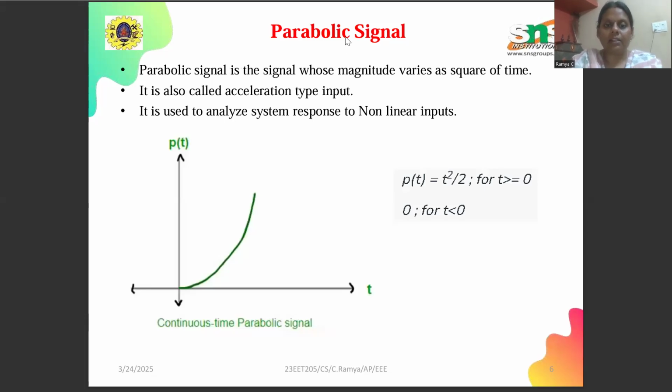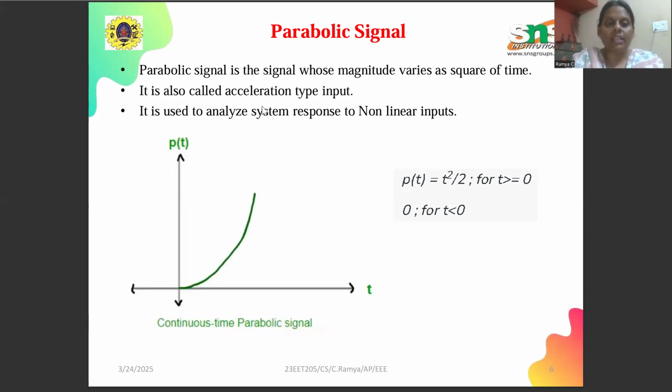The last test signal is the parabolic signal, whose magnitude varies as the square of the time. From the graph, you can see that we take the x-axis as time, the same as the previous signals, and the corresponding response here we are mentioning as p of t.